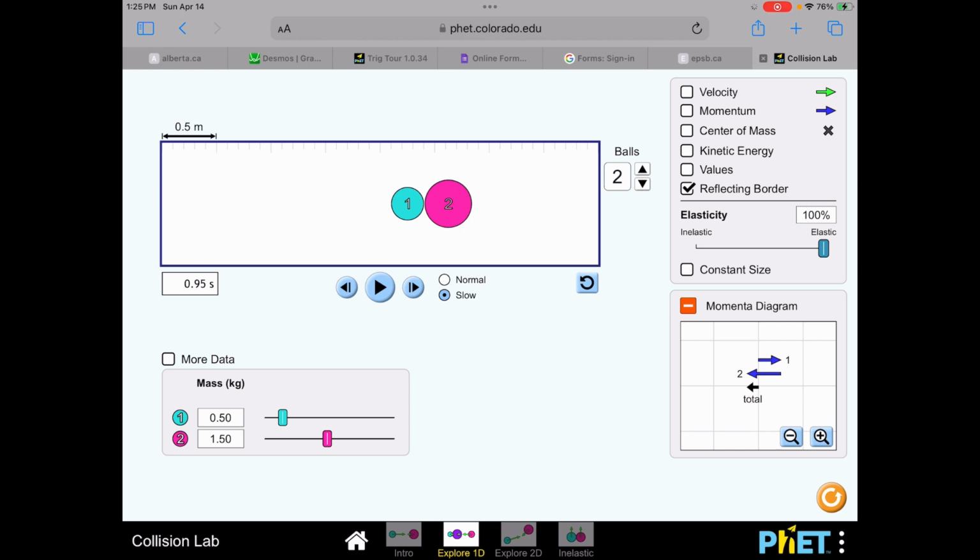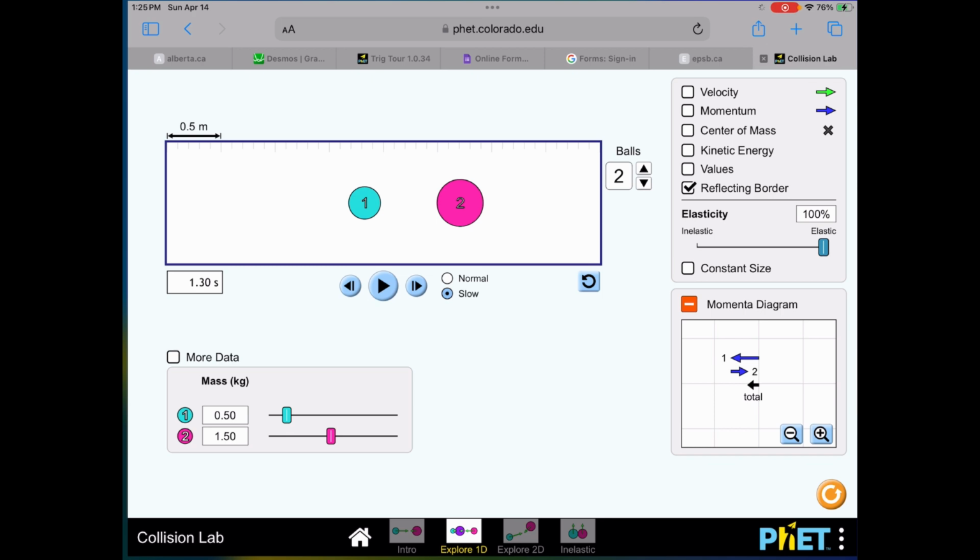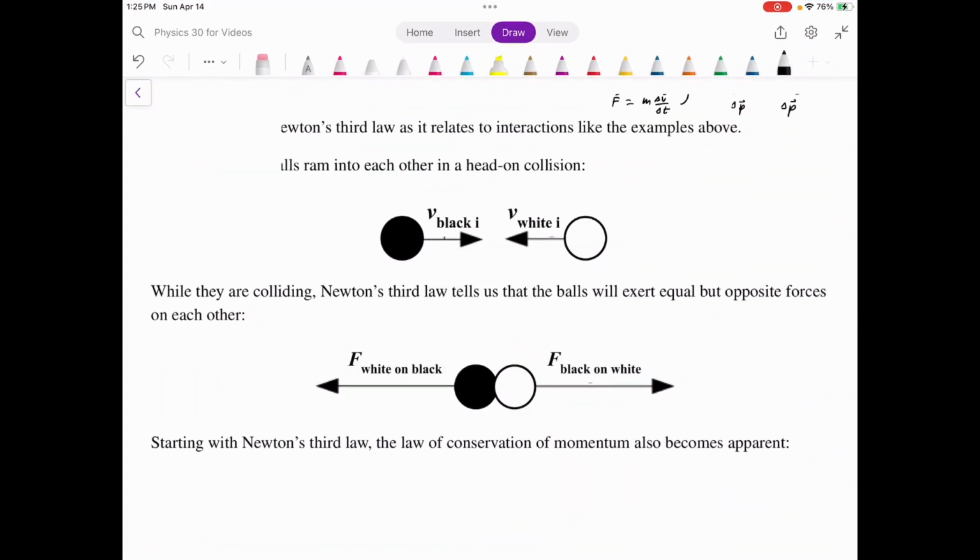As soon as they break contact, they're no longer exerting those forces. And they stop touching at the same time, of course. How could blue be in contact with pink, but pink's not in contact with blue? So they exert equal forces on each other for the same amount of time, but in opposite directions.